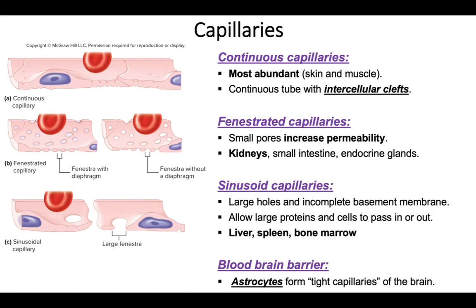Let's say we're designing a new medication for maybe schizophrenia, or maybe we want to treat a brain infection and we're developing an antibiotic. It needs to be able to cross that blood-brain barrier in order to get into the brain tissue. Okay, so these are the 4 types of capillaries, largely based on differences in permeability. All right, the ability to enter or exit the bloodstream easily.